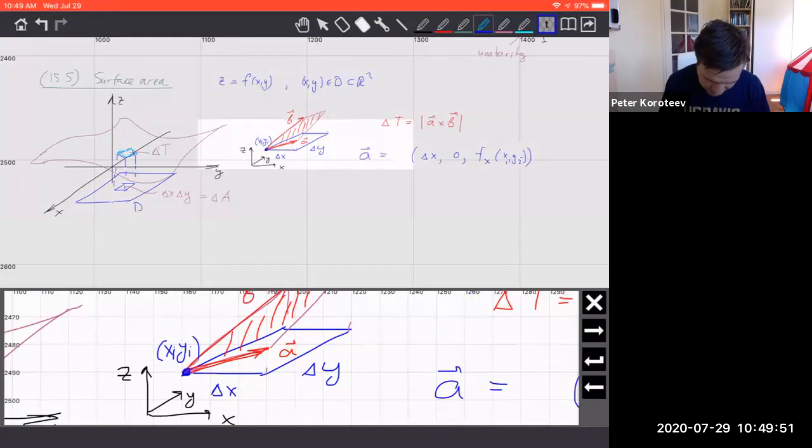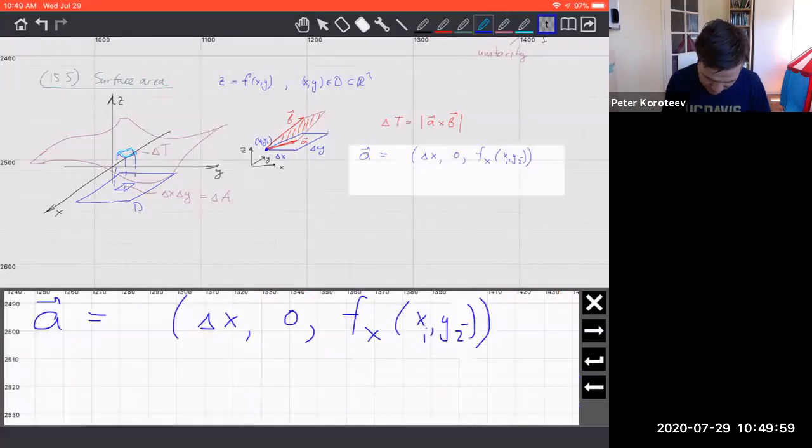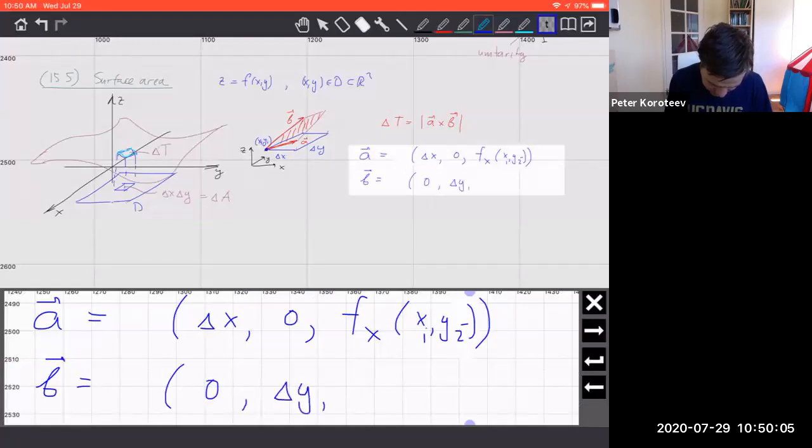Because that's what it is. Vector A is tangent to the surface, and therefore it's tangent to the curve that lies in that plane. And similarly, vector B has components 0, delta y, f_y at x_i, y_i.